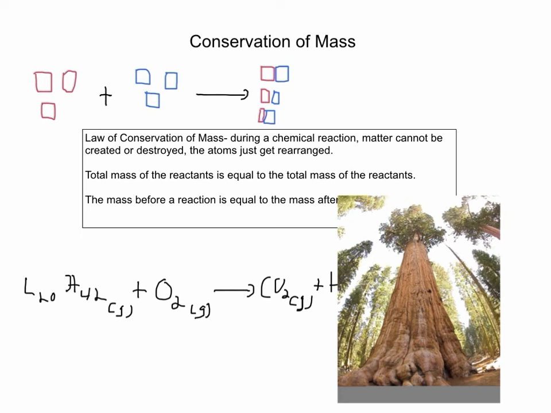That carbon came from carbon that was in carbon dioxide. So the tree takes in carbon dioxide and makes all these molecules that are needed to make the bark and the leaves and so forth using photosynthesis. So during a chemical reaction, all that mass is conserved. It doesn't get created or destroyed. It just gets rearranged and changed into different molecules.